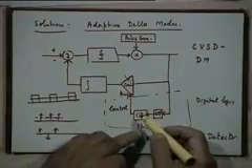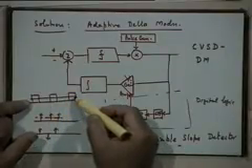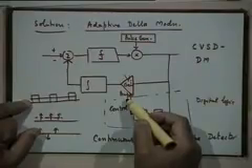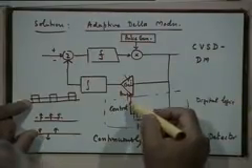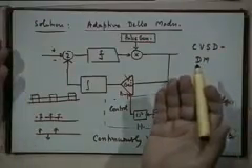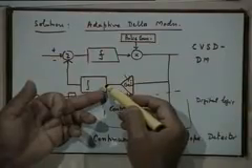So you will get a reasonably large average positive value, and that signals the amplifier that I must increase the gain, which means the step size will increase.